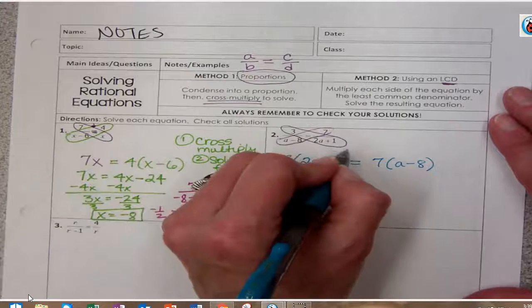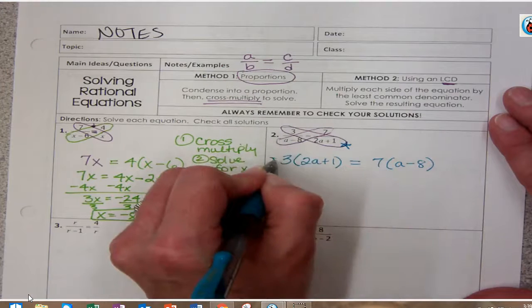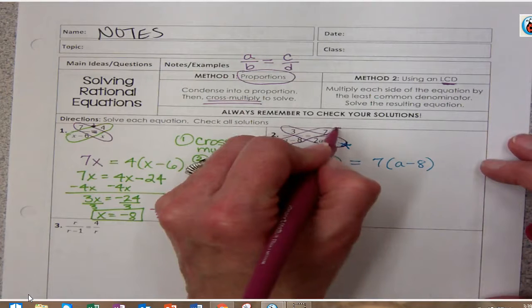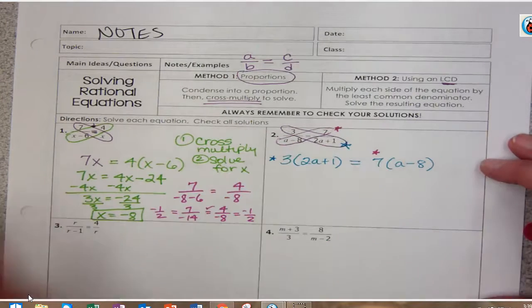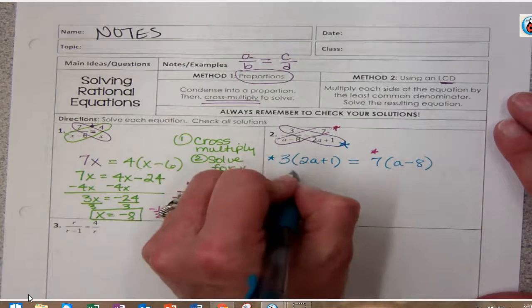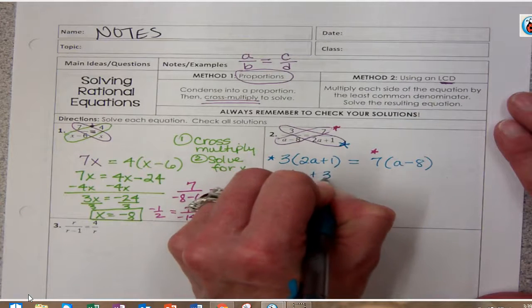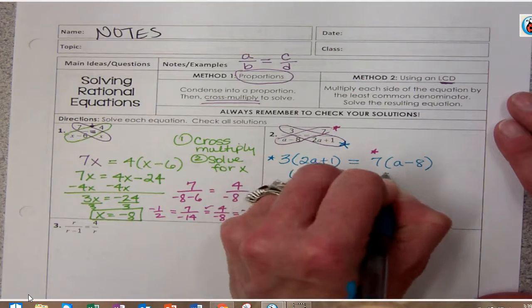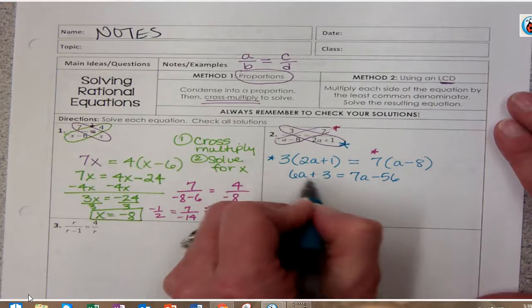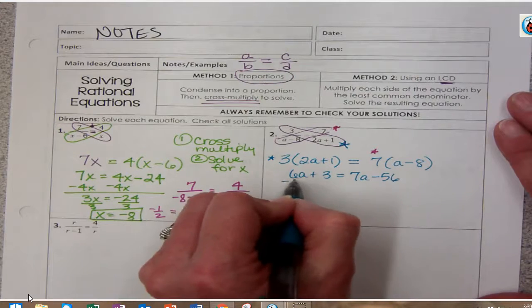All right, so here's this, and here is this. Then you multiply it out. 6a plus 3 equals 7a minus 56. Now I need to get my a's on one side, my numbers on the other.